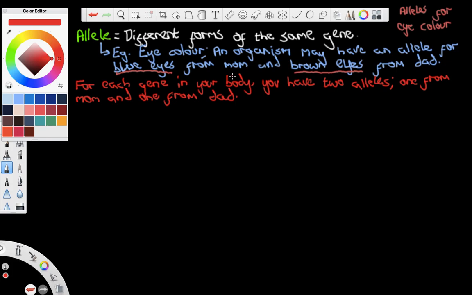Now these alleles can either be the same or different.